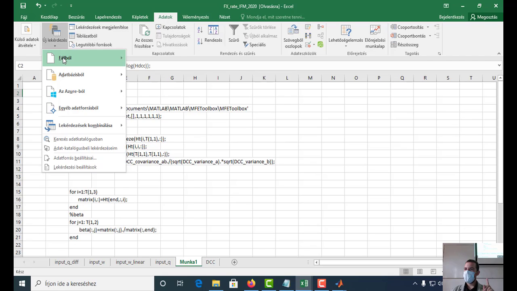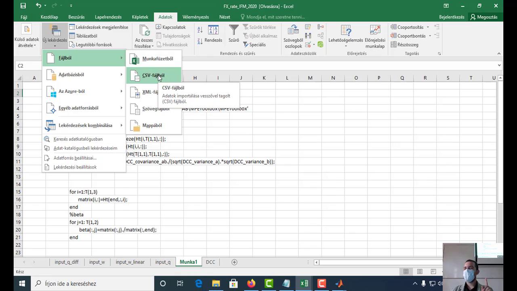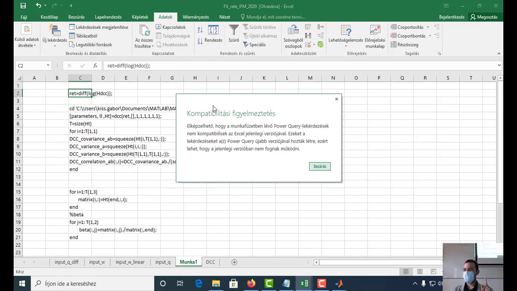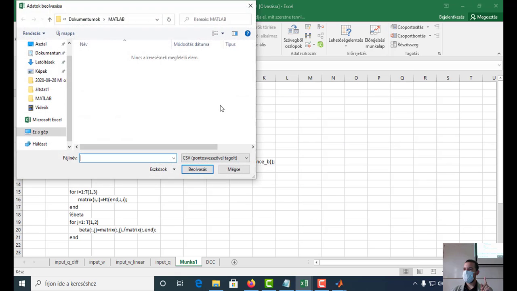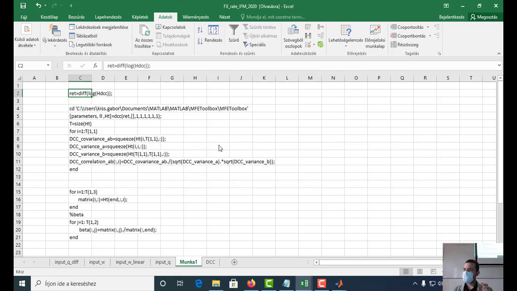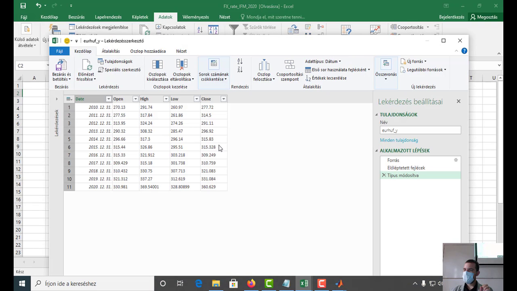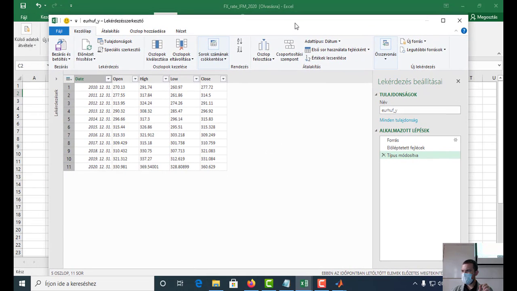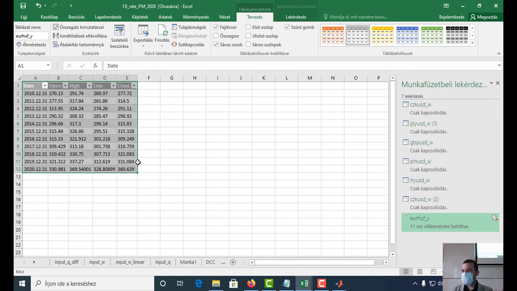It will be from file, CSV database, whatever, and then we just have to read this in, and it's actually there. So I just save and open.